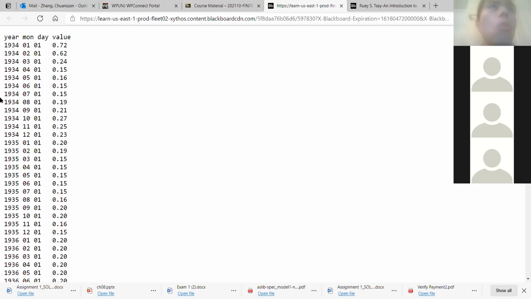You just take the rows with 1 in the third column, the month column. So when you decompose those numbers, the data becomes easy to handle.